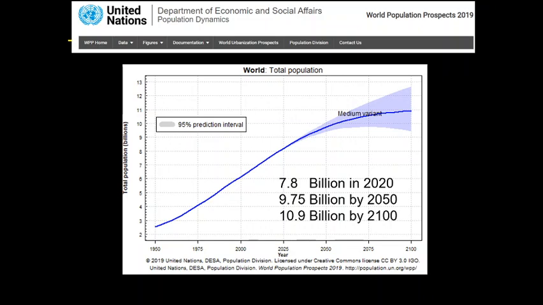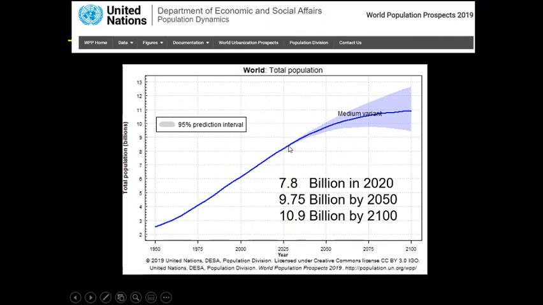What we see here on the x-axis is time, with historical context going back to 1950 and then projected out to the year 2100. Here we're looking at total population on the y-axis in billions. The blue line represents actual population growth up to right about here, where we then use models to project population growth, because obviously the year 2020 is right about here.